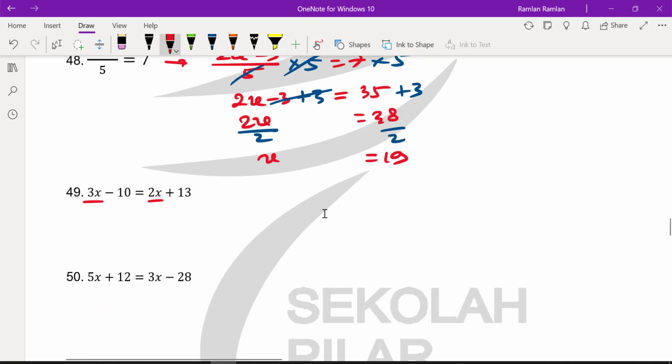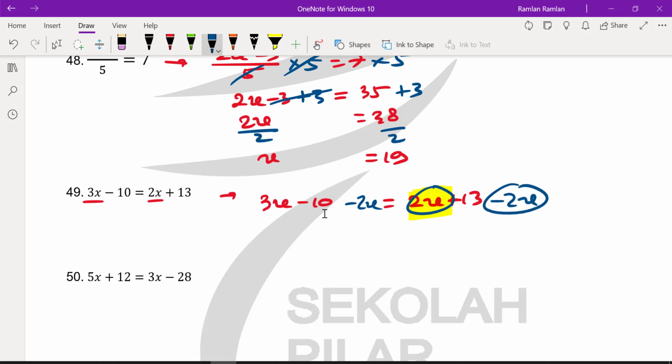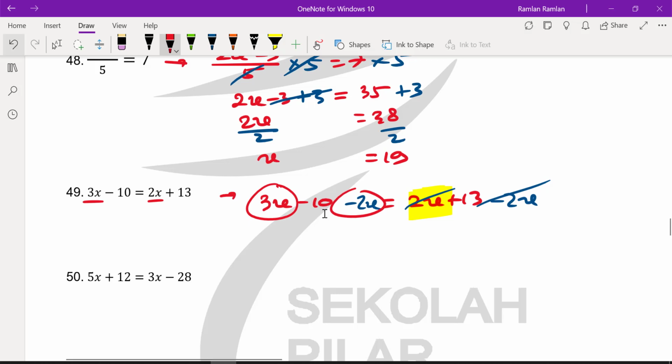Okay, so in here I'm going to write down the equation again. It is 3x minus 10 equals 2x plus 13. Now I'm going to get rid of that. That is an addition, so I'm going to subtract 2x from both sides. If I do that, this one and this one will be just 0, right? So just cancel them, it's 0. The one on the left side of the equal sign, I can simplify this and this one. 3x minus 2x is just 1x, or just x, right?